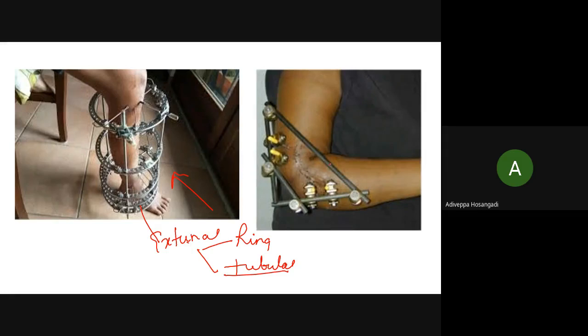These are steel tubes, like a flute, so it is a tubular fixator. The ring fixator is also called the Ilizarov fixator. You should know this. Ilizarov was a Russian scientist or Russian doctor who devised this fixator.